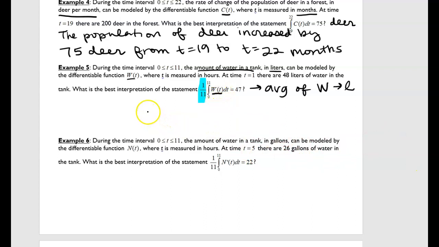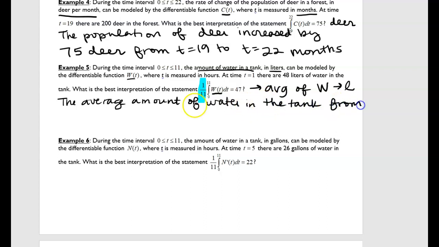So this will be in liters. So this is the average of w, so the average amount of water in the tank from t equals 0 to t equals 11 hours is 47 liters.